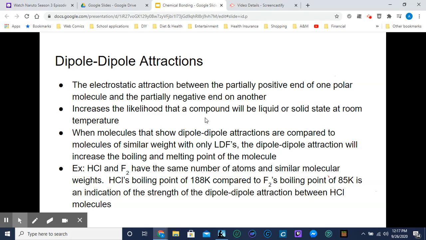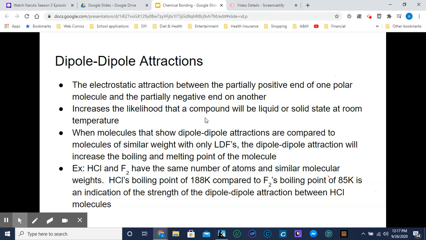And if we compare something that shows a dipole-dipole attraction to something that is similar in weight but only has London dispersion forces, then the dipole-dipole molecule will have a higher boiling and melting point. So, for example, if we look at hydrogen chloride and molecular fluorine, both have 2 atoms.